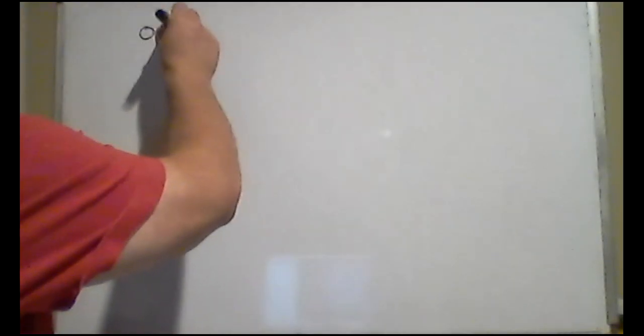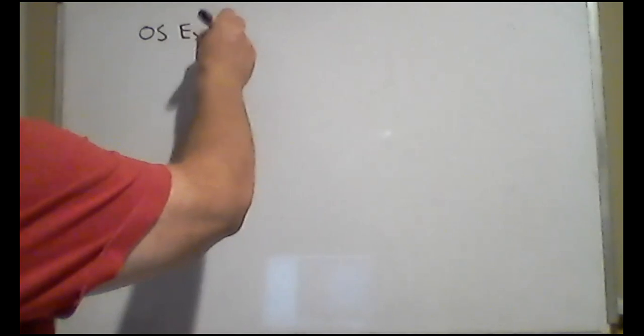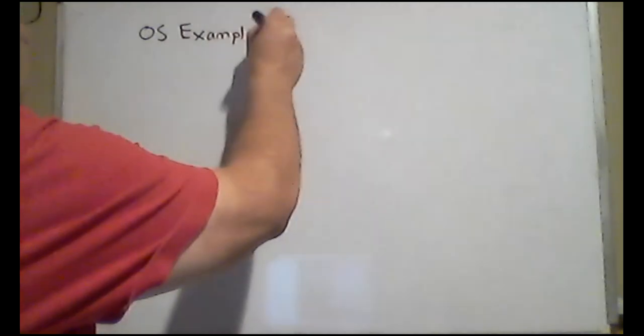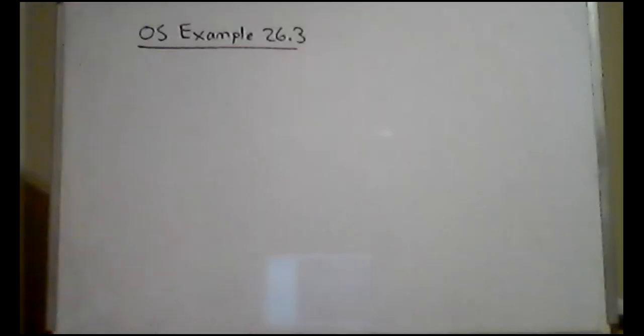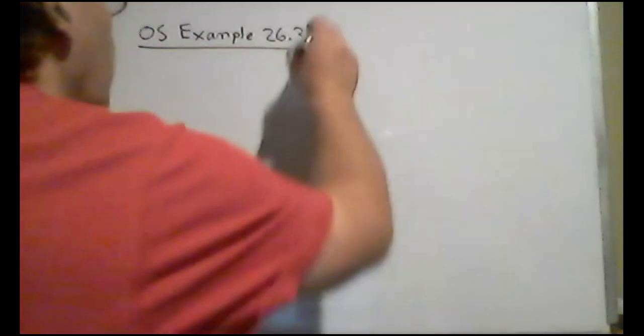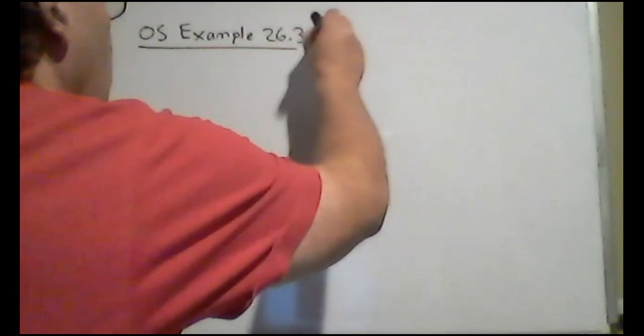So OpenStax example 26.3. Correcting nearsightedness. That's near and dear to my heart.